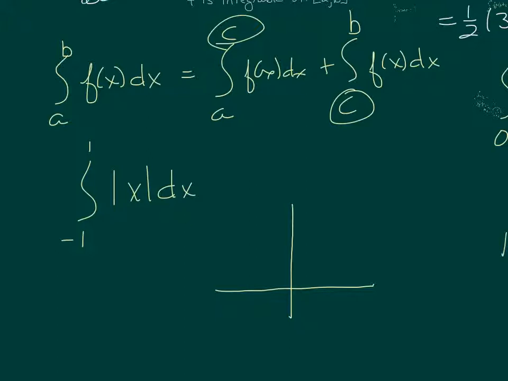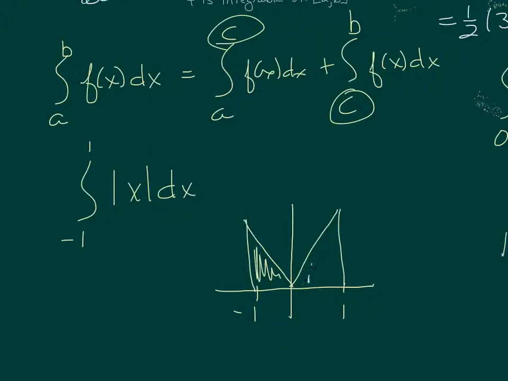It's a V. This is the function, not the derivative of the function. The derivative would look different, remember. But if I go from -1 to 1, it's going to look like that. So what happens to the slopes there? They change, don't they? Where do they change? At 0.